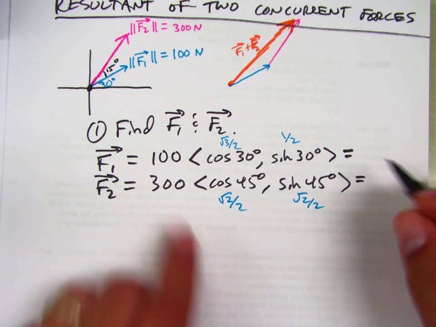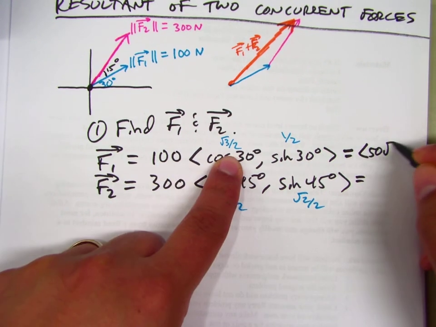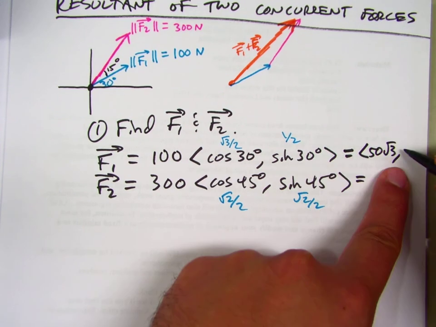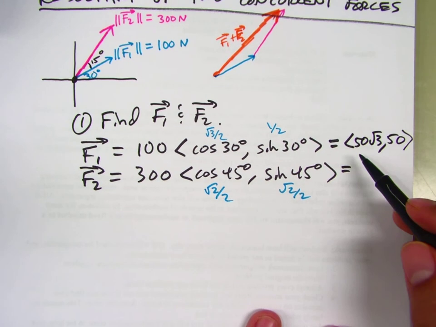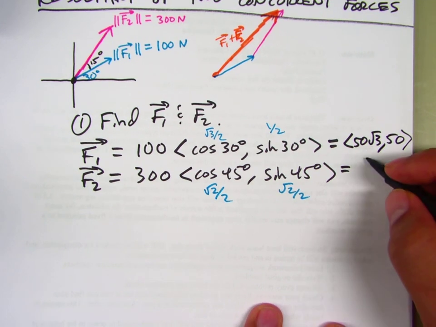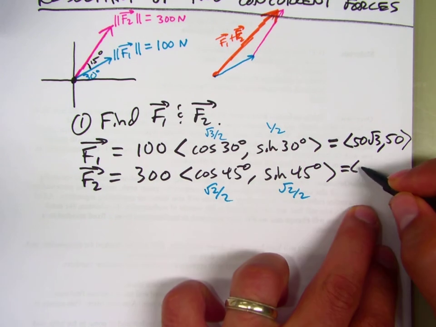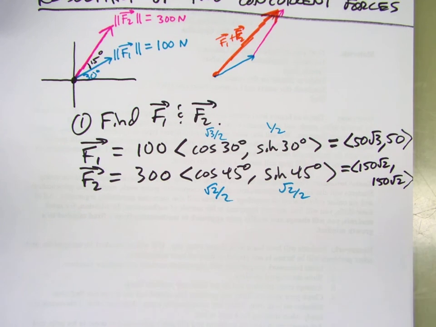So if you simplify, 100 divided by 2 is 50 root 3, and the y component is just 50. So here's F1. These are the exact components for that first force that's 100 newtons in length. And for the second one, it's 300 divided by 2, which is 150 root 2, and that'll be the components for both x and y.